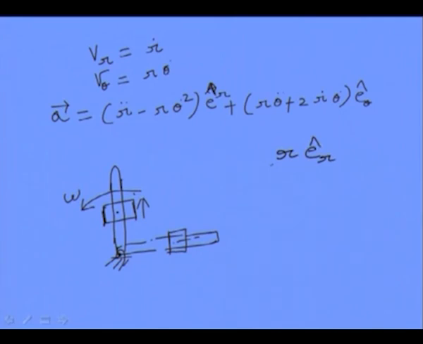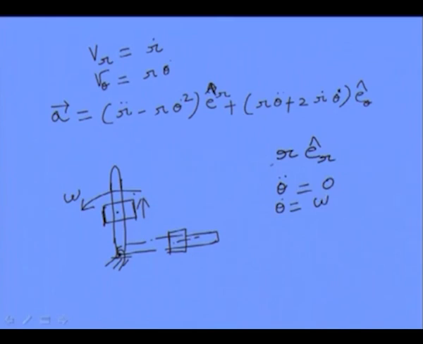In this case, just using the expression for acceleration we can see. Now if it is assumed that the link is rotating with a uniform angular velocity, then theta double dot will be 0 and theta dot will be omega.